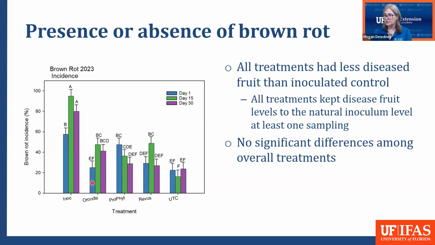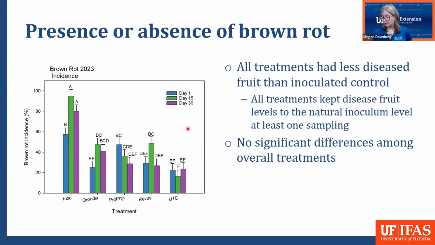We see our best results with the Orondis and the Revis at day 1, which is not too surprising, right after treatment, but they held up pretty well, and everybody was consistently better than the control. And you can see potentially starting to lose efficacy by day 30, although Revis is doing fairly well by day 30 still. So that's what we saw in terms of presence or absence.